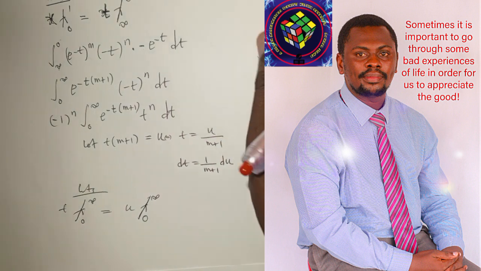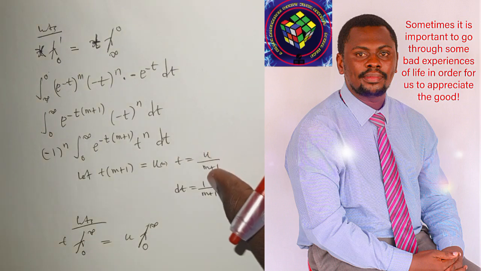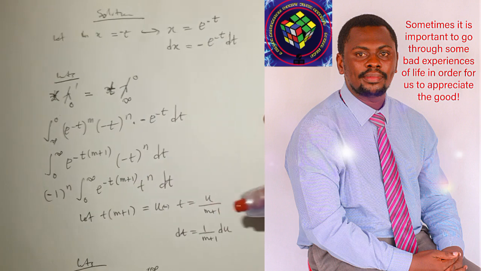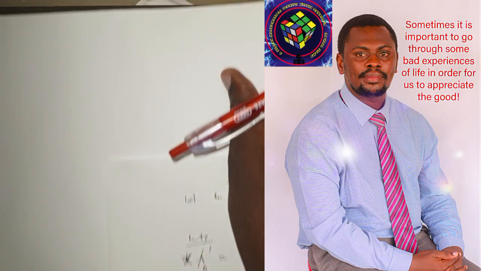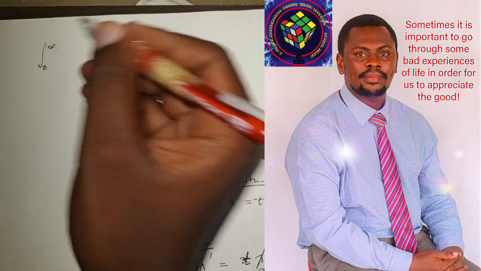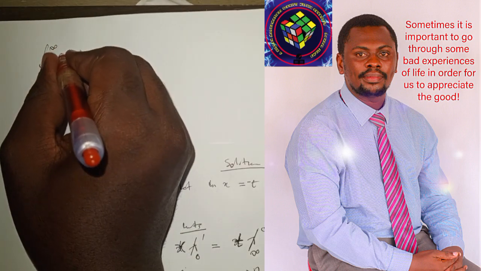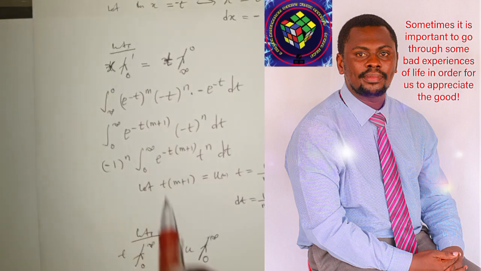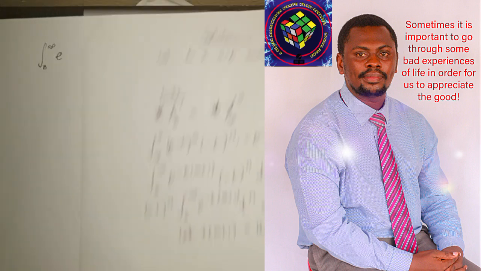Okay, so where there is t, we are putting u over m plus 1. Next we have the integral from 0 to infinity of exponent of minus t(m+1), which is u.